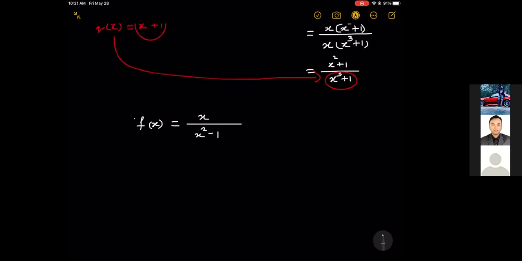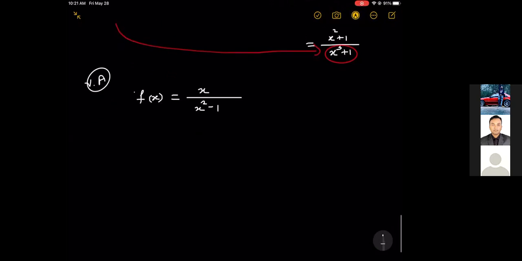Let's try an easier one. Okay, and I'm saying, can you find the vertical asymptote of this function? So what should we do? We should first see whether the function is in the reduced form or not, and definitely it can't be reduced anymore. We can rewrite it, but it's still definitely in the reduced format.